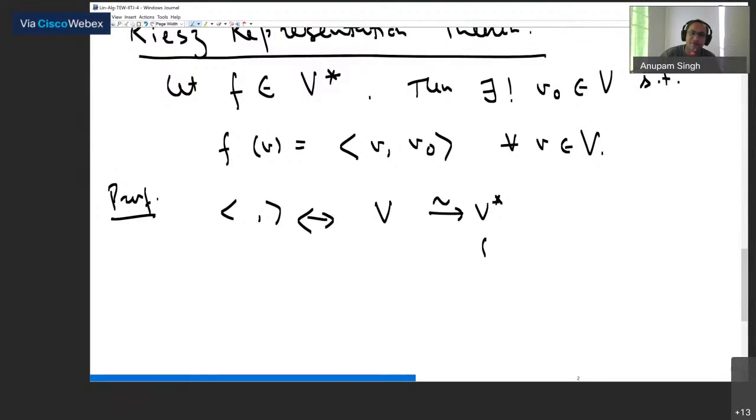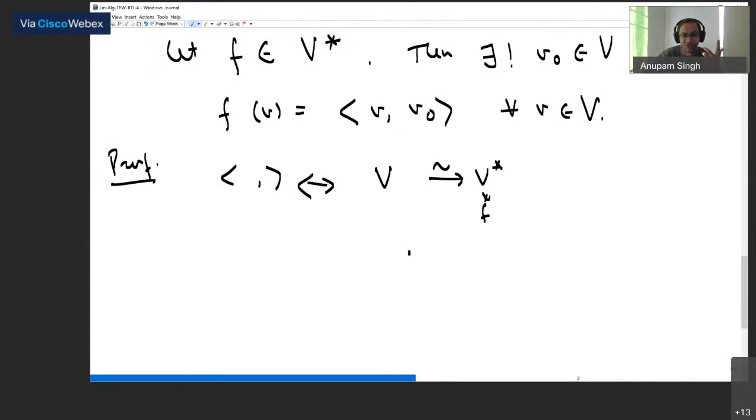So if I'm given f in V star and this is an isomorphism, then obviously it comes from some vector. It's as simple as that for the finite dimensional situation. But in infinite dimension, this is not as easy. But let's do the proof by computation. I mean, what I just said is actually a proof, but usually the linear algebra books would give you a computational proof.